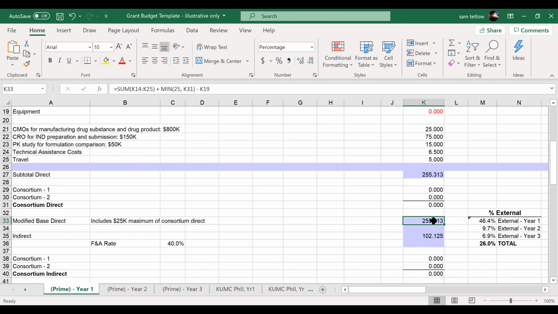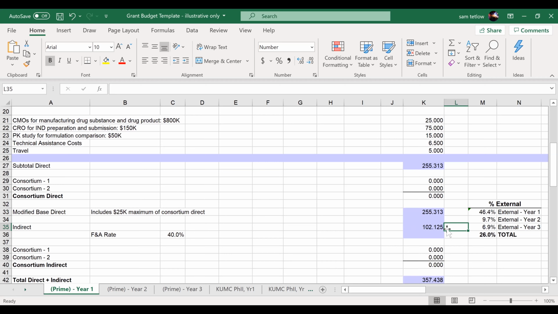So that's an important independent calculator. If you've seen budgets from UNC, you'll always see that modified base direct calc to remove equipment costs. This is a simple formula which multiplies your indirect rate of 40% against that pool that's appropriate to apply. That gives you your indirect costs.